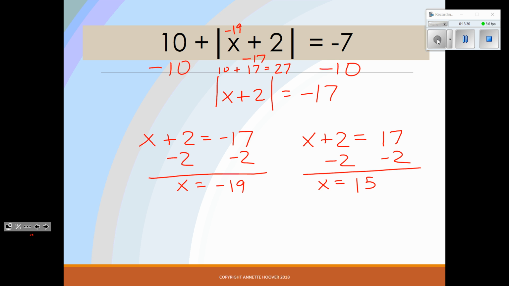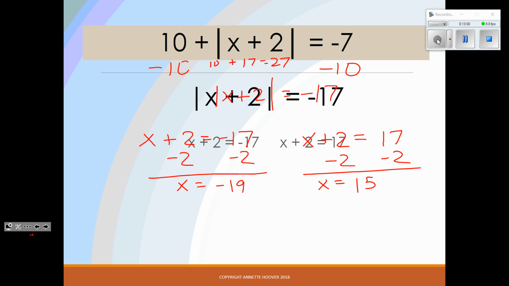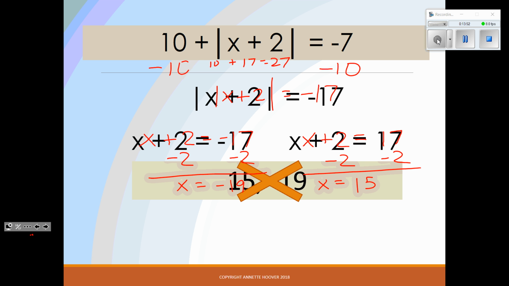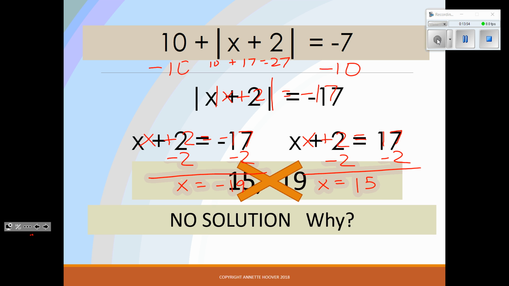If we plug in the 15 up there, 15 plus 2 is 17, and 17 plus 10 is 27. That one does not check out. So what we've discovered when we check them is that since they don't check out, there is no solution. No solution because they do not check out.